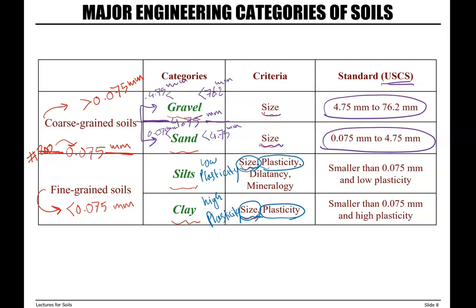These are the 4 main engineering categories of soil. We have coarse grain and fine grain. Coarse grain is then divided to gravel and sand, just based on the size of the particles. Fine grain is divided to silt and clay based on the plasticity, low plasticity or high plasticity.